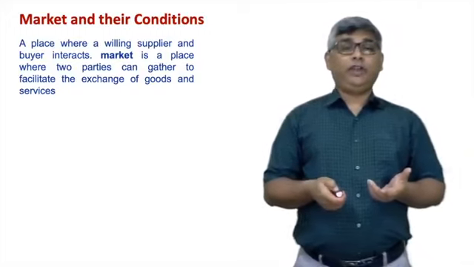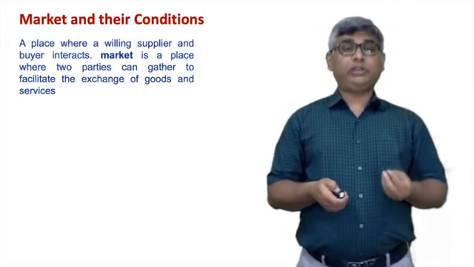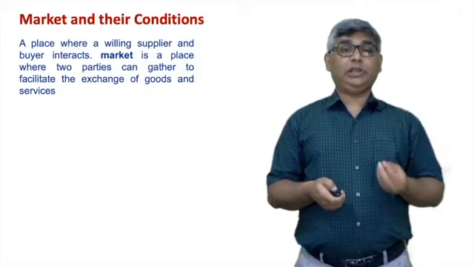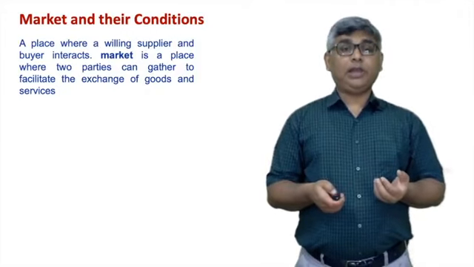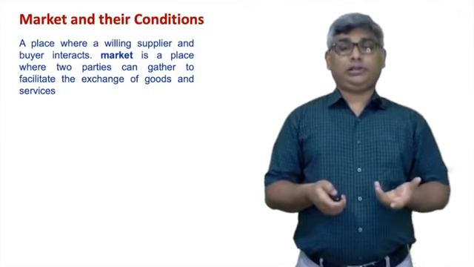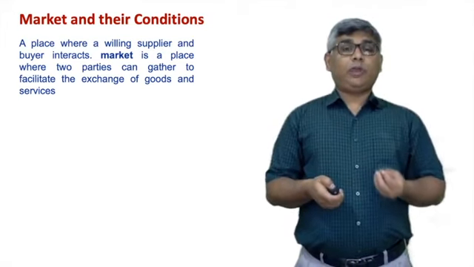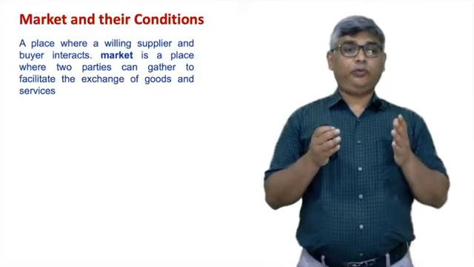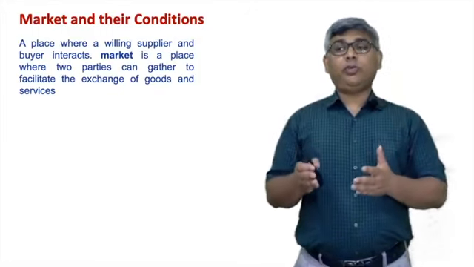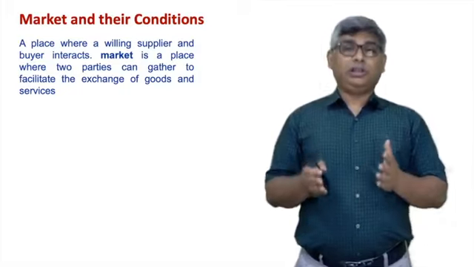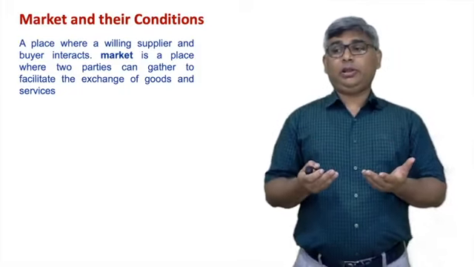So we define a market in very simple terms. It is a place where a willing supplier and a buyer interact. Or we can say that a market is a place where two parties can gather to facilitate the exchange of goods and services. That is how we define a market.